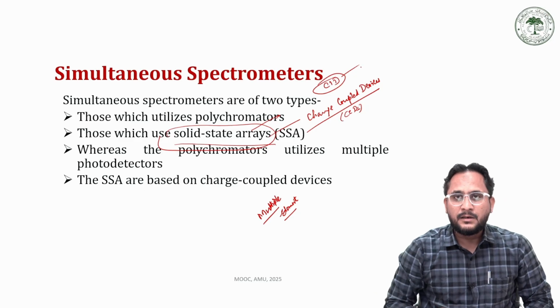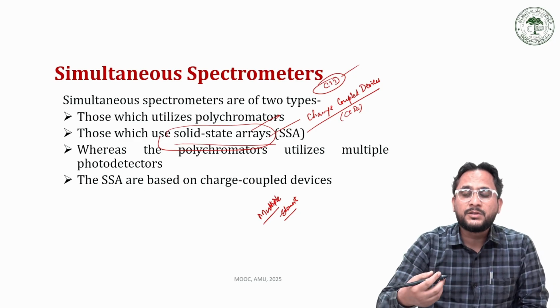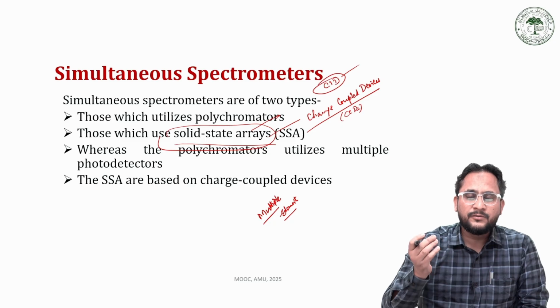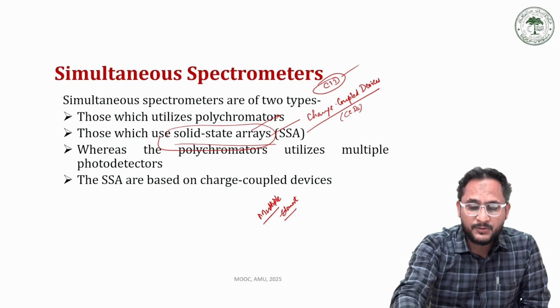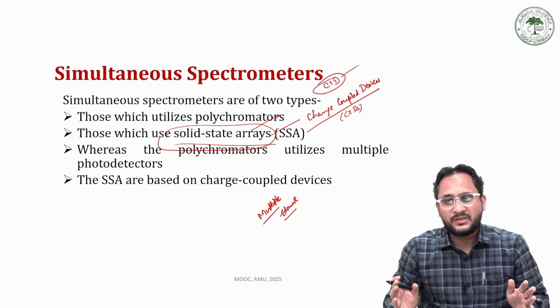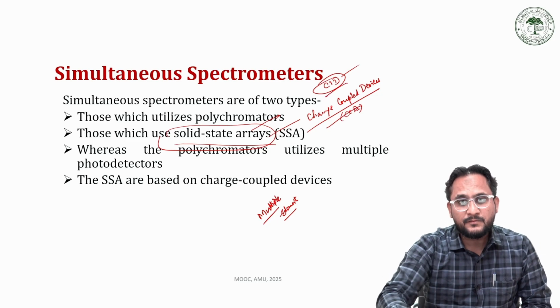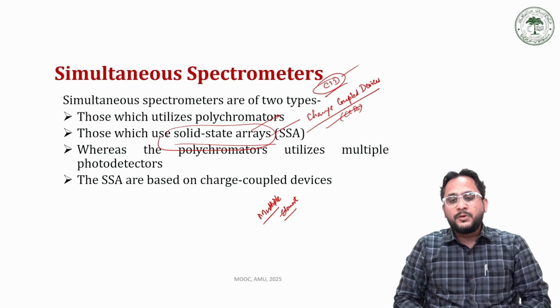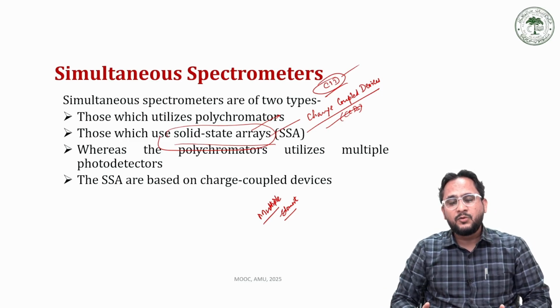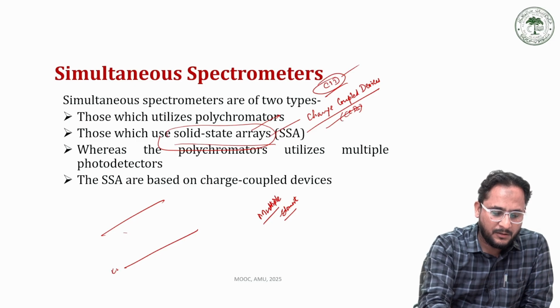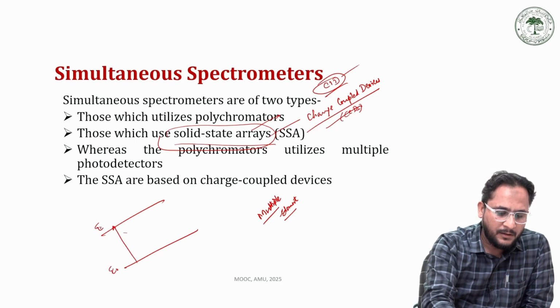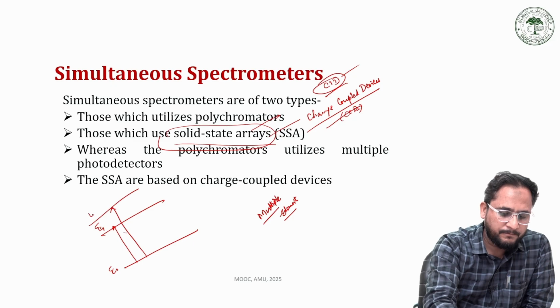Both these detectors can be used for the analysis of 50 or 60 elements at a time. In their spectrum, we can have hundreds of spectral lines, and these detectors are able to identify so many lines, because one element can have more than one spectral line present in the sample, because sometimes the excitation occurs from E0 to E1, sometimes to E2, while in some other case to E3.